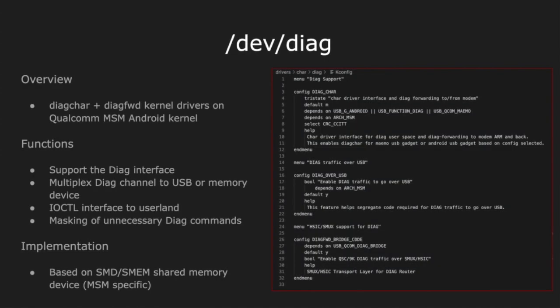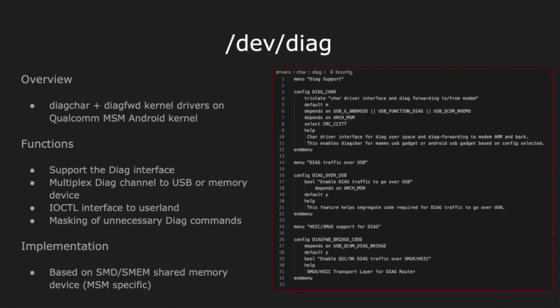On the Android side, Diag is represented with the Diag device, which is implemented with the Diag and Diag forward kernel drivers in the MSM kernel. The purpose of the Diag driver is to support the Diag interface. It is quite complex in code, but functionally it's quite simple.